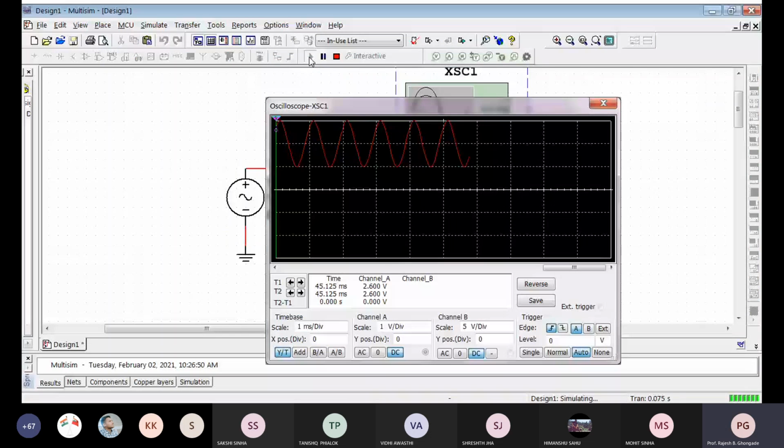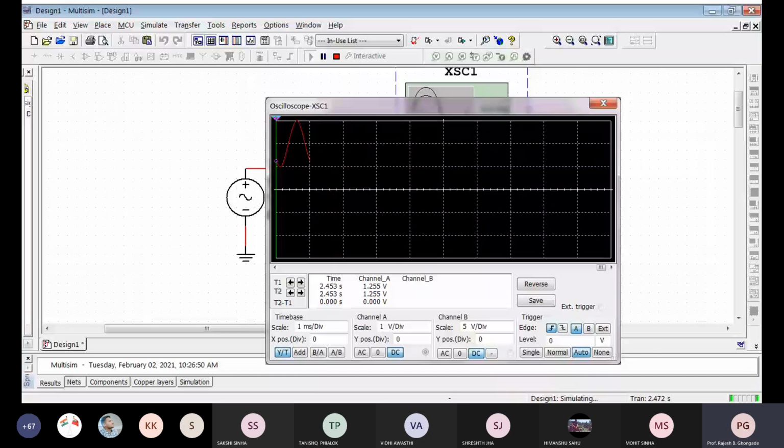Guys, are you there with me? Yes, sir. This AC signal is riding on the top of the 2 volt signal, which is this line.